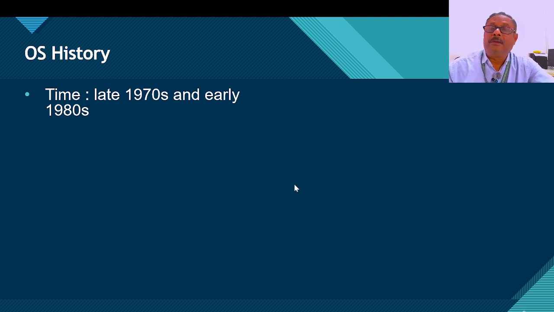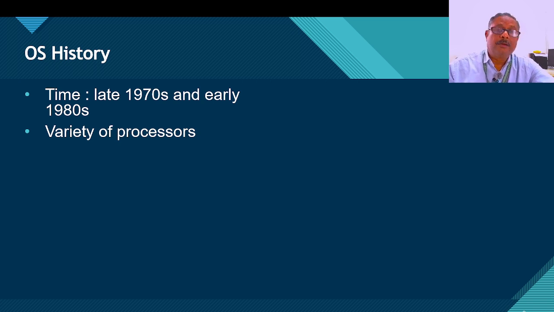It all began in the late 1970s and early 1980s, when the computing world was ruled by a variety of processors manufactured by Intel, Texas Instruments, Motorola, Zilog, AMD, and many more. So many processors were available.